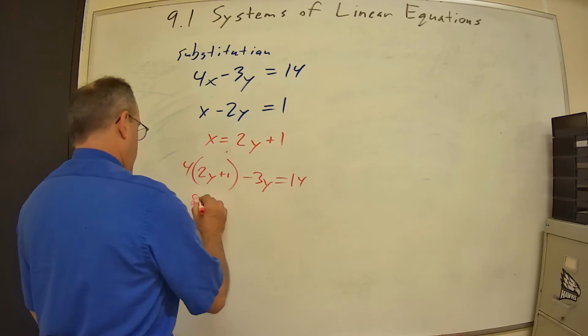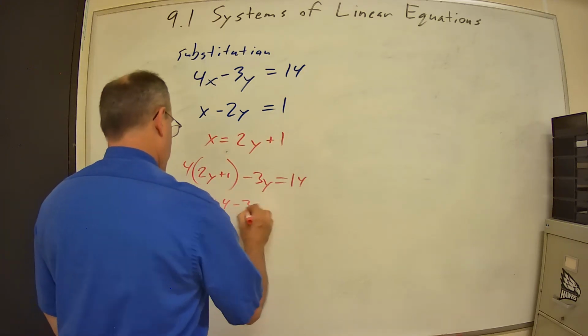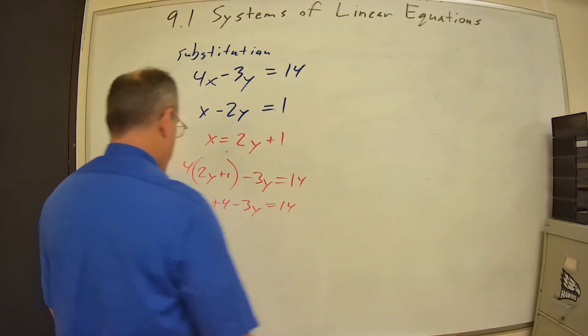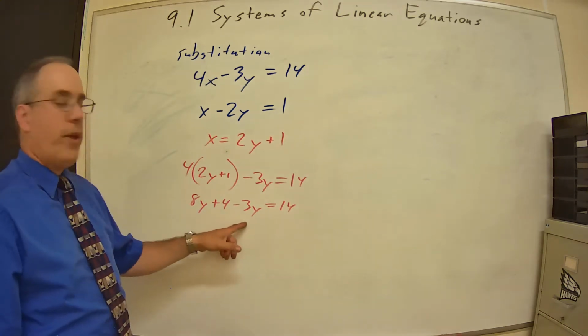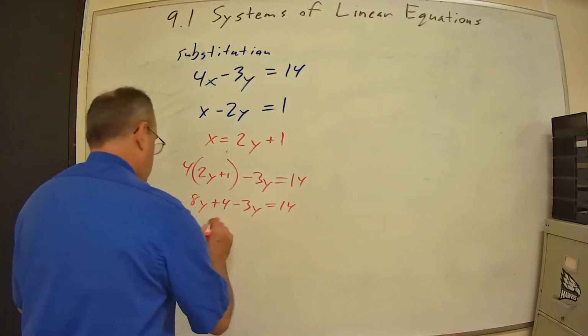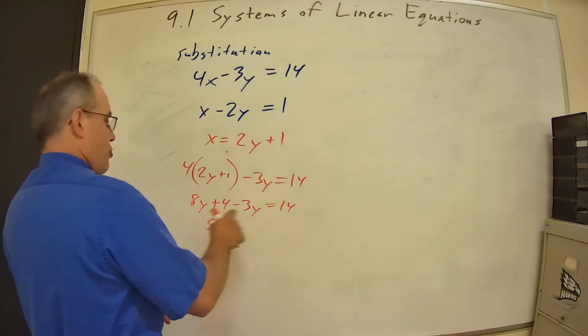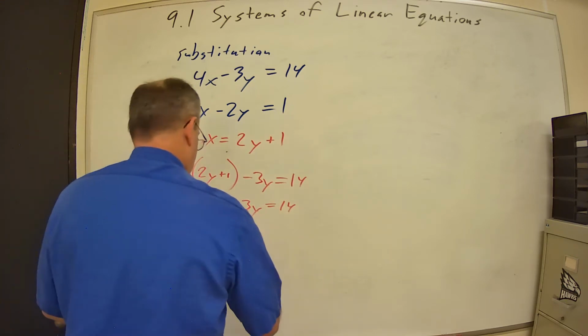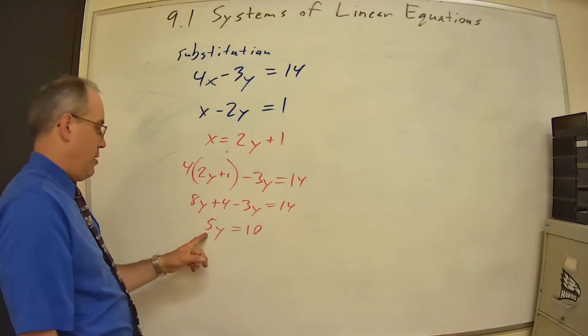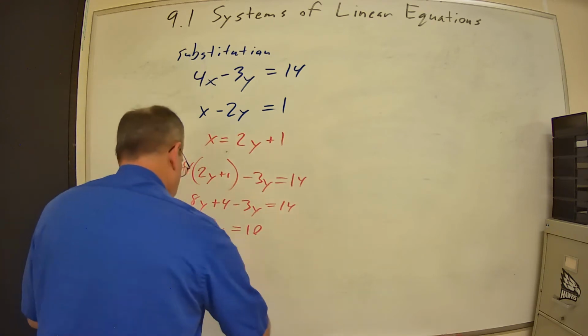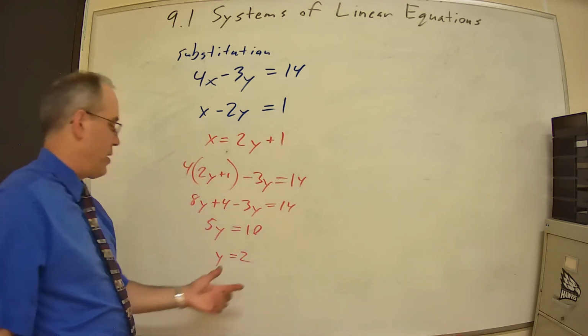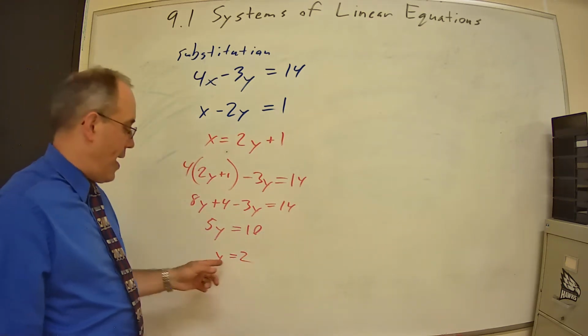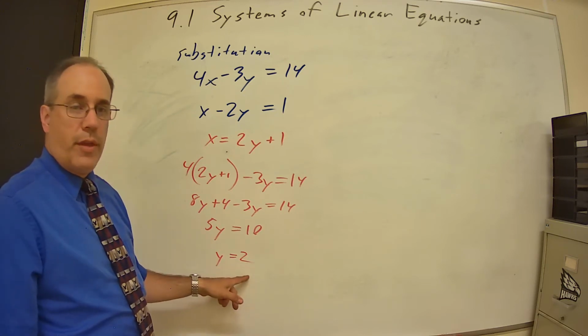Multiply through, 8y plus 4 minus 3y is equal to 14. 8y minus 3y is 5y. Subtract 4 from both sides, 5y is equal to 10. Divide both sides by 5. y is equal to 2. So now I have solved for y. y is equal to 2.